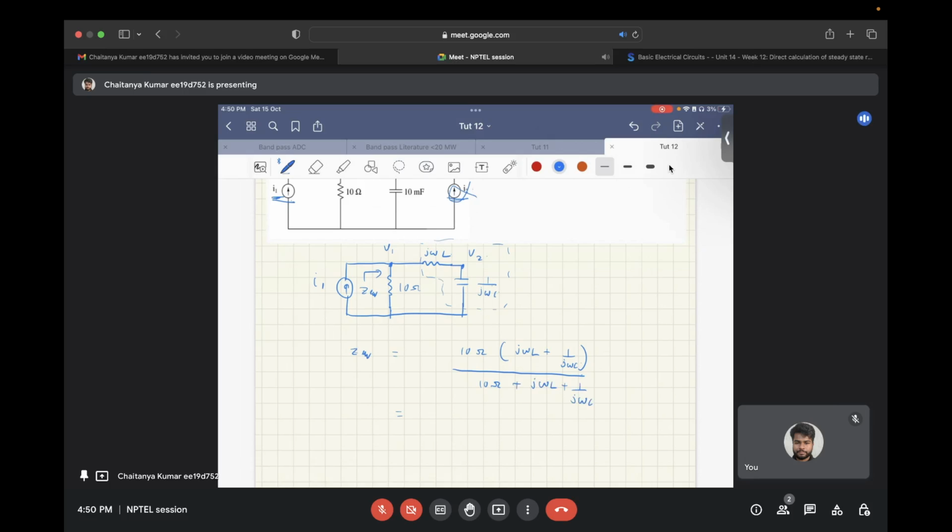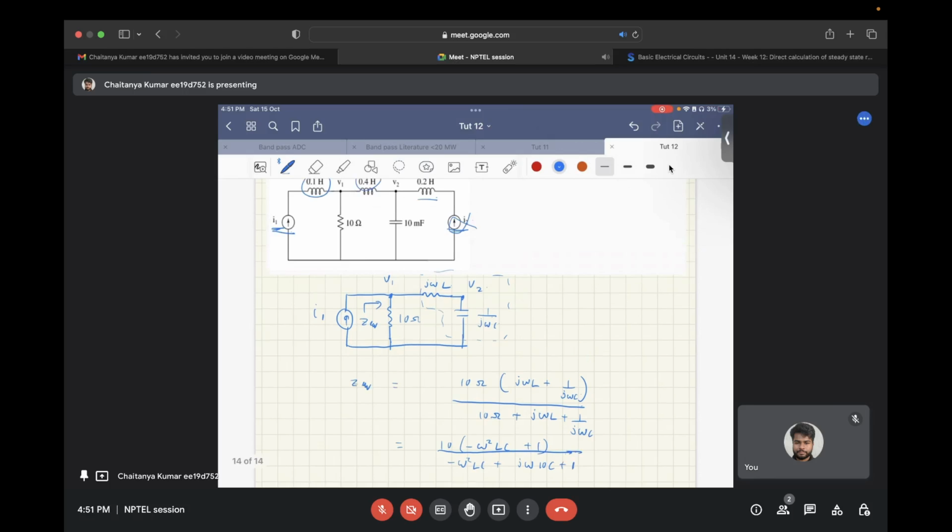So this comes out to be minus omega squared LC plus 1, into 10, divided by minus omega squared LC plus j omega 10 into C plus 1.